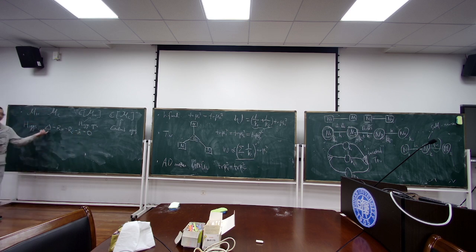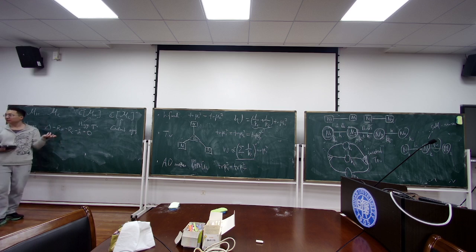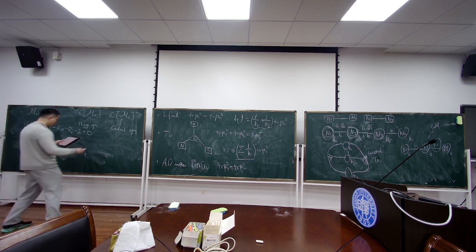Here delta is the conformal dimension, RH and RC are the Cartans of the SU2H and SU2C R-symmetry, and J3 is just the spin in 3 dimensions.